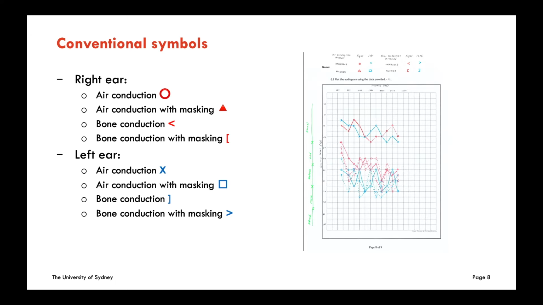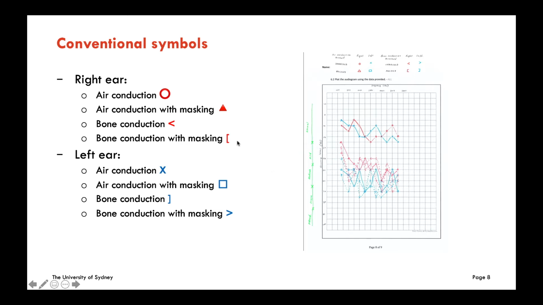Without masking, we find, this slide is a little confusing. This is more accurate. If you do bone conduction on the right ear, with an unmasked ear it is a less than sign, which is conventionally read. So this is correct in the unmasked ear. And when you do masking on the right ear, we get an opening bracket on the right ear.